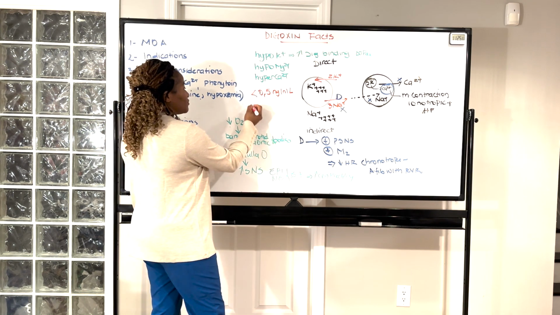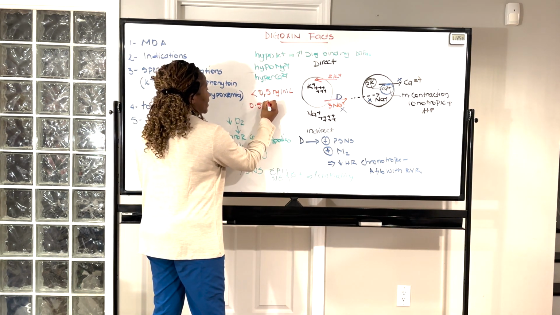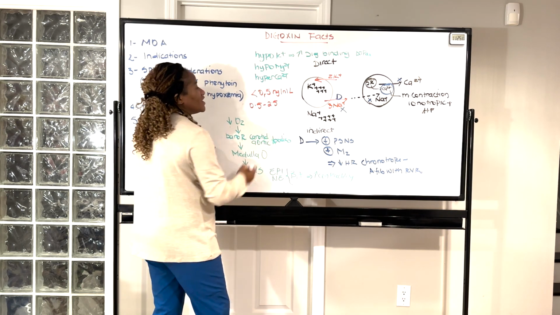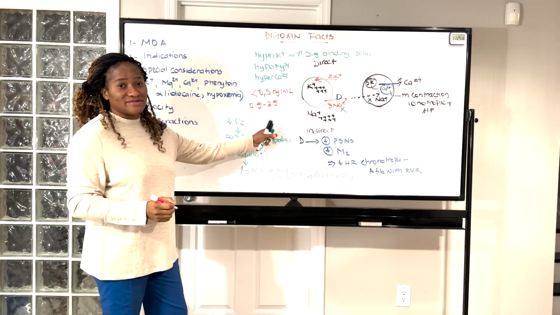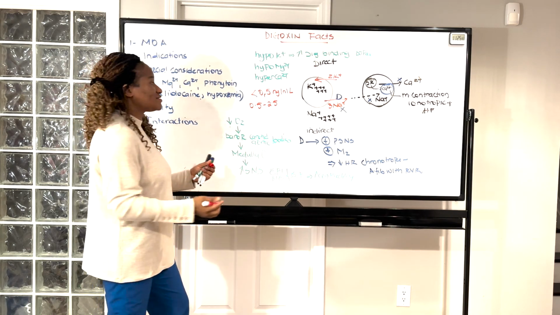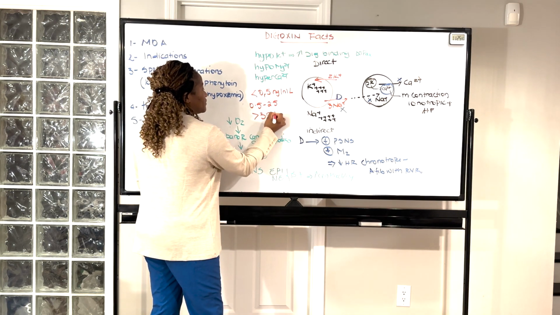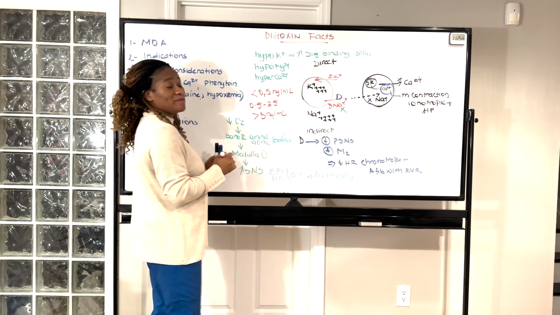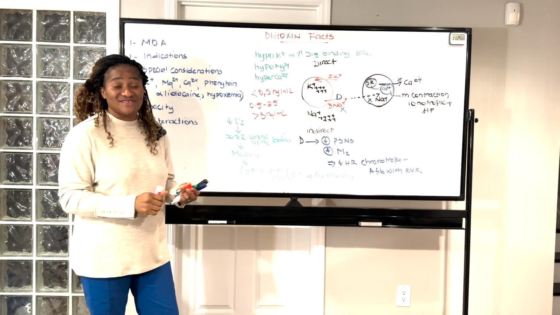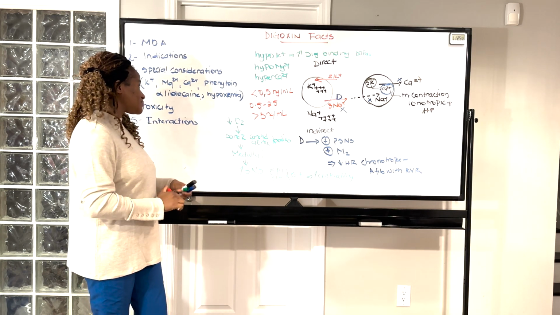Now, if the blood sample is between 0.5 and 2.5, this is our therapeutic dose. So this is where the patient should be taking digoxin. Now, if that level is greater than 3 and the patient has those symptoms, my patient is having a digoxin toxicity. So you want to take care of that.